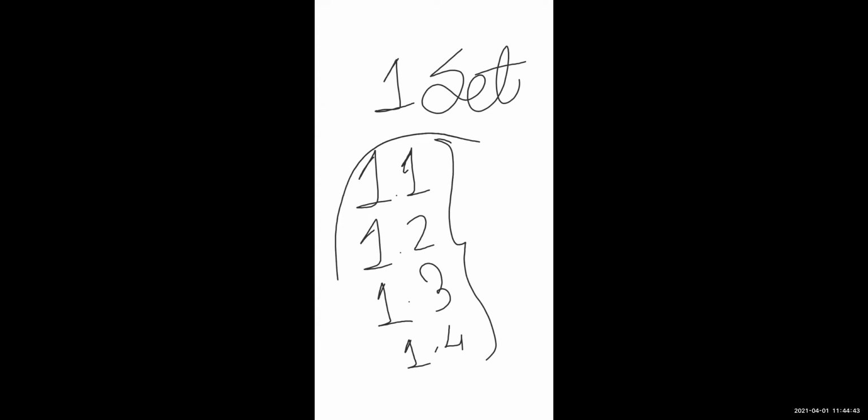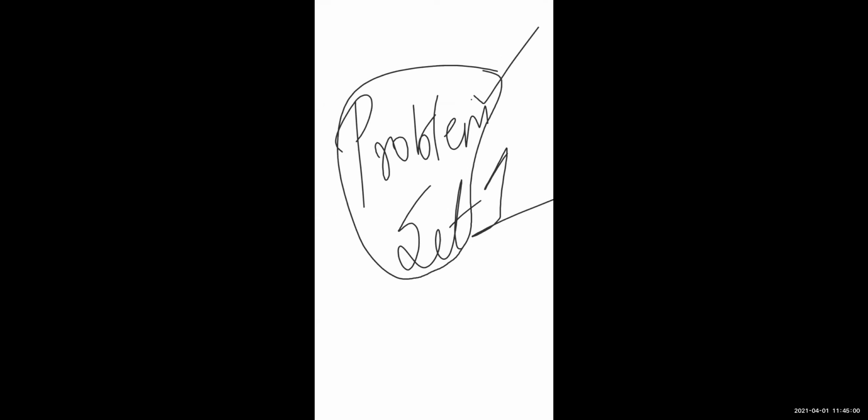And after these 4 practice sets, there is one problem set, Problem Set 1. After every chapter there is one problem set. When we complete the exercises, there is a combination of all exercises that we call the problem set, that you have to solve.